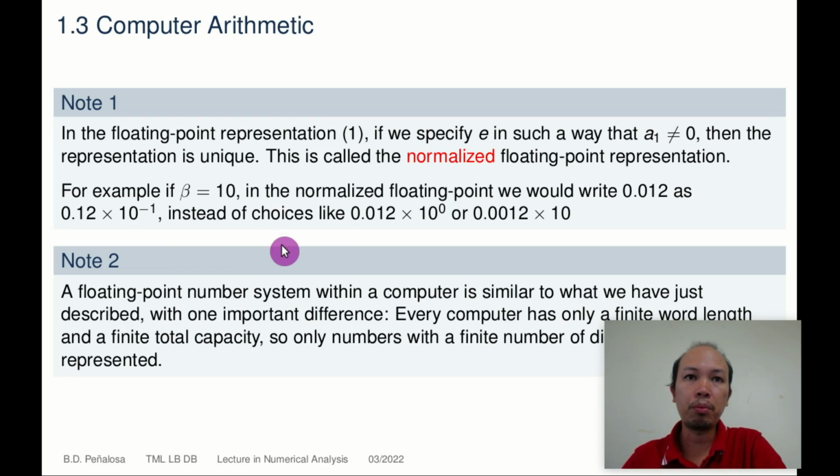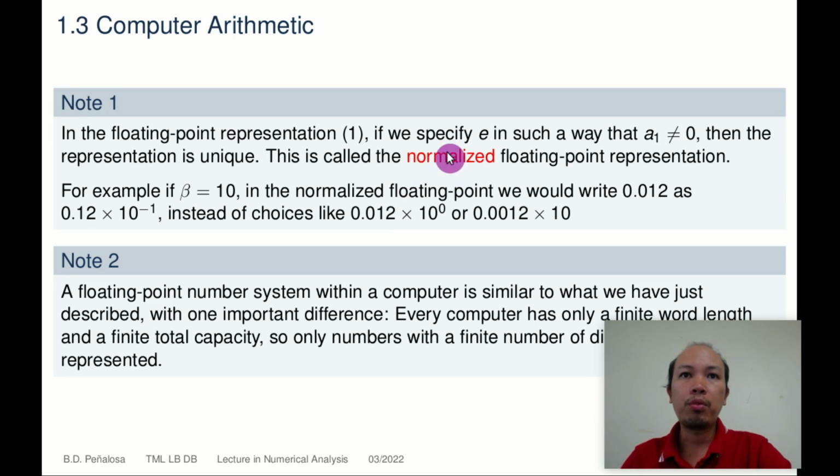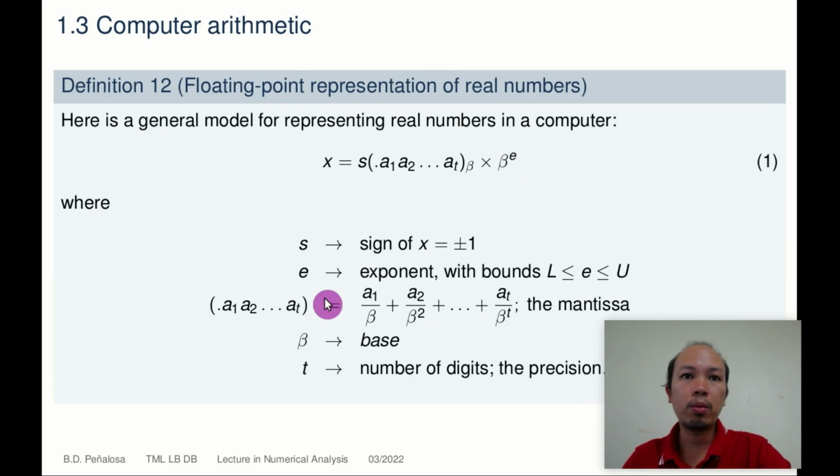So note number 1: in the floating point representation, if we specify the exponent e in such a way that a sub 1, this one here, okay, this is the fractional part, so meaning this is the tens, hundreds, thousands, so this is the tens.